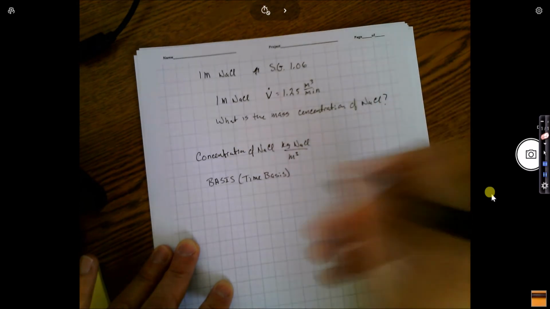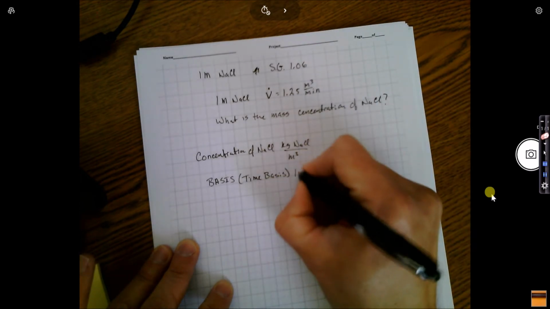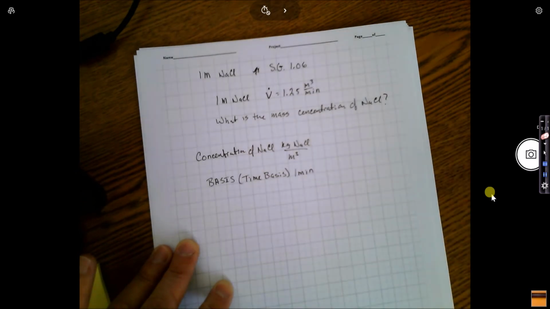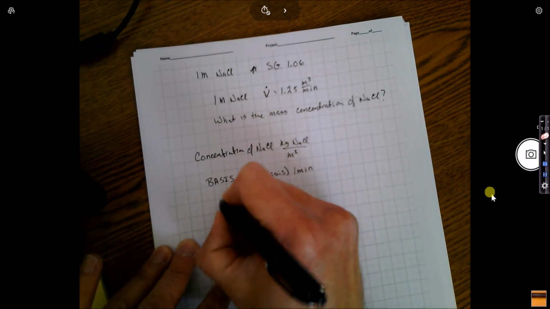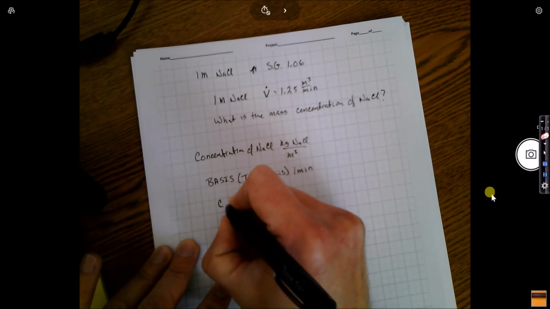So we're just going to say a time basis of 1 minute. Then we can do everything without time, knowing this is just happening in a snapshot of 1 minute. Okay. And so we know our concentration of sodium chloride. Let's use some notation to start our calculation here.